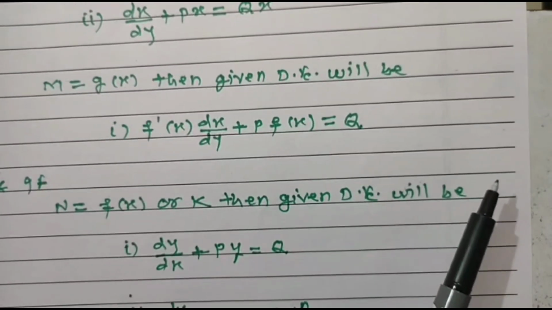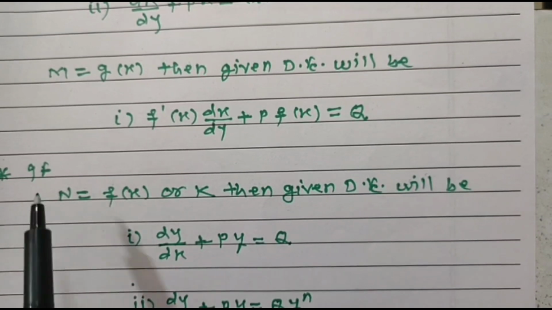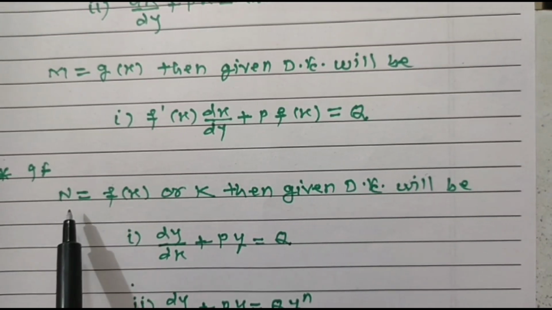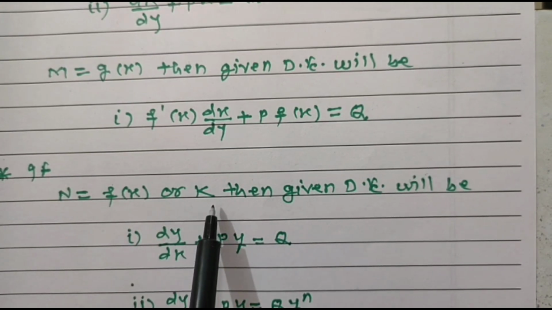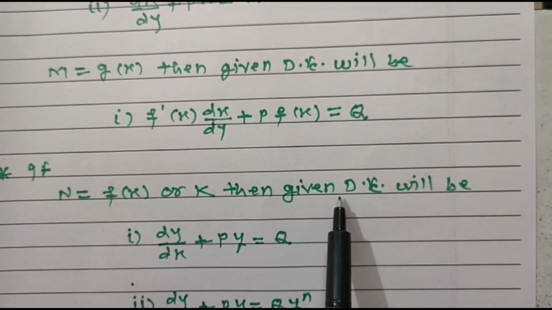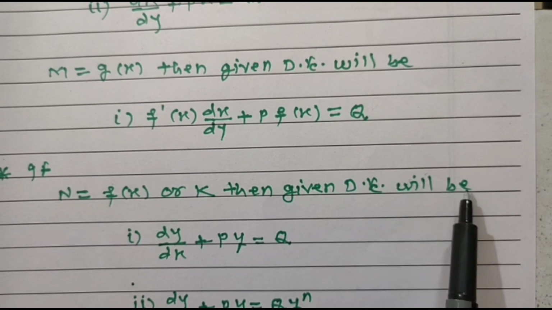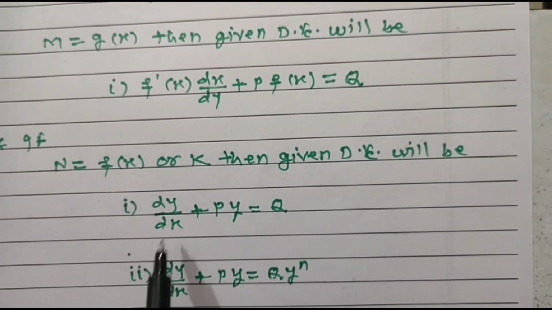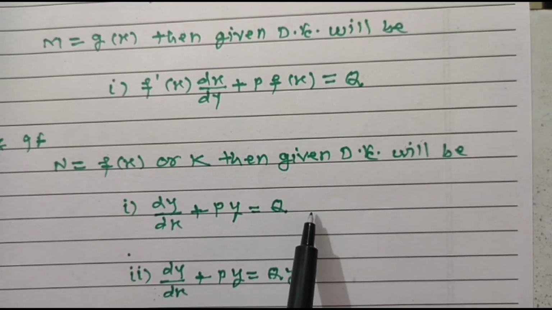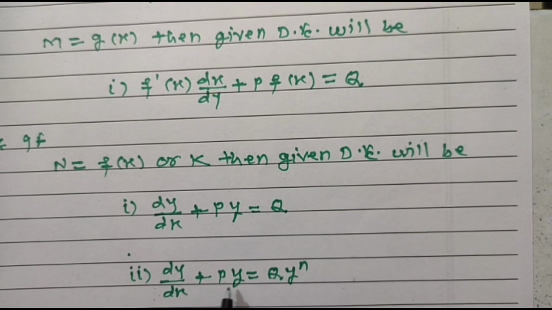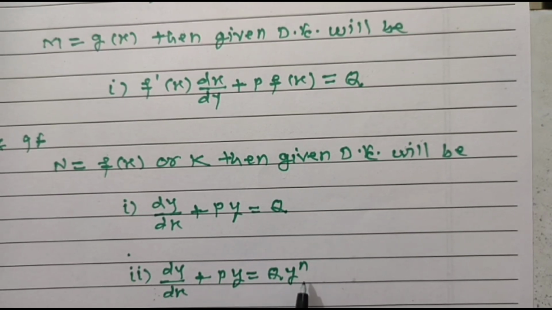Now considering N, if suppose N is purely a function of x only or a constant function, then the given differential equation will be reducible to any one of these two forms. Those two forms are dy by dx plus py is equal to q, this is linear differential equation, and dy by dx plus py is equal to q into y to the power n, this is Bernoulli's linear differential equation.